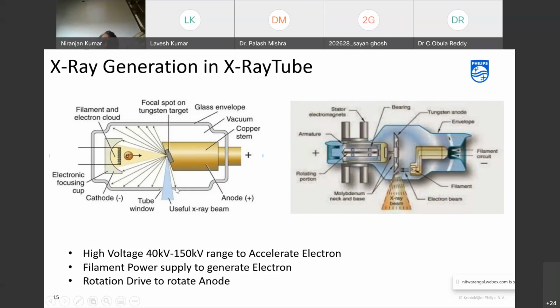For very low power, for hand extremities and similar things, we use the stationary anode tube. But once you go to the full body or lumbar or CT, the tube becomes bigger and bigger, and with higher power the diameter of the target will be much bigger, so that you get more radius.